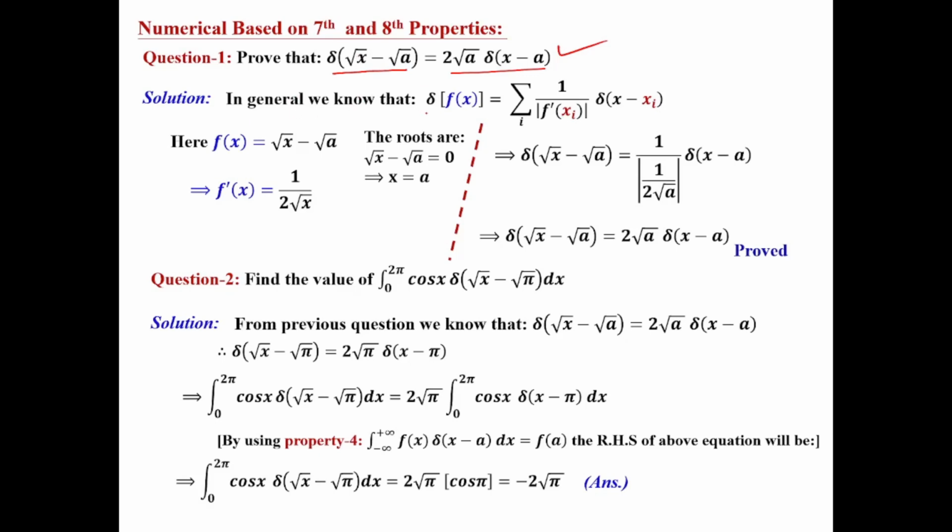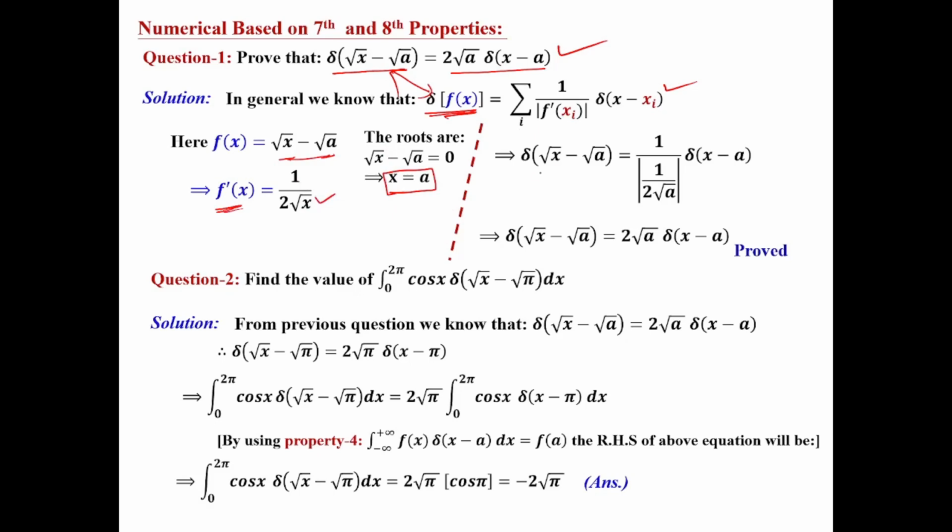What we know is delta f(x) is equal to the summation over i of 1 by mod f dash of xi times delta of x minus xi. Here f(x) is root x minus root a, and from this equation there will be only one root. We get x equal to a, and f dash of x is 1 by 2 root x.